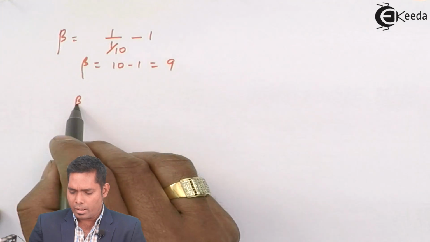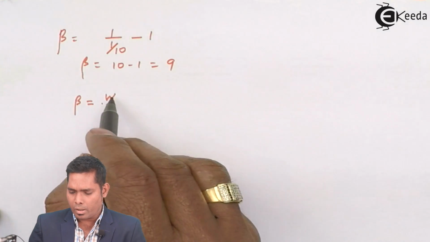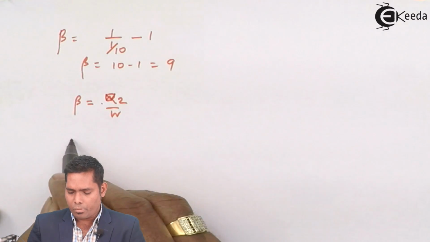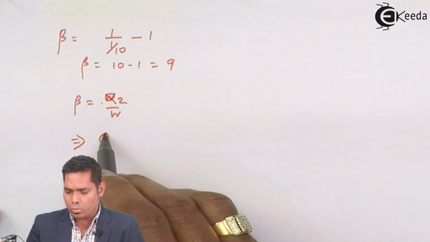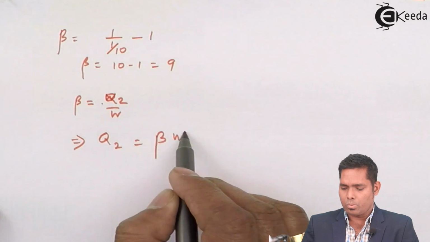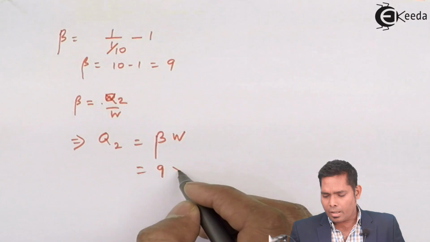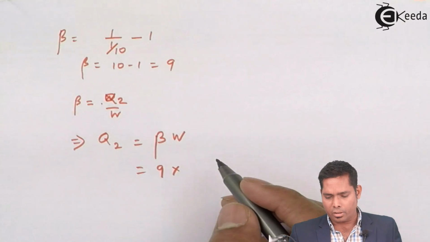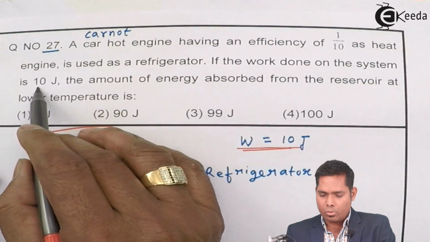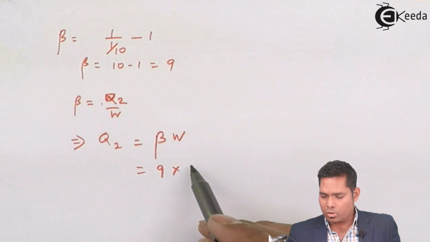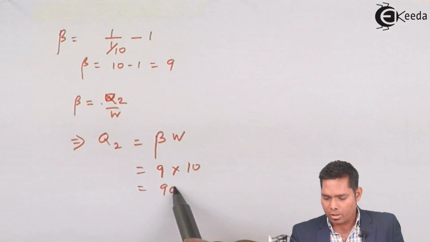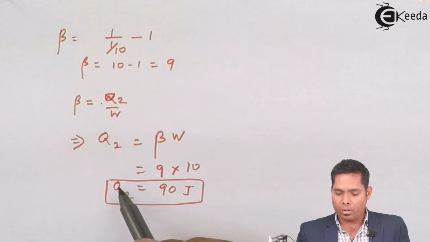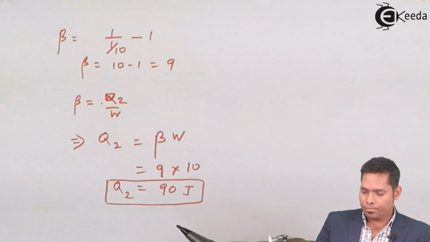And I just told you that beta is Q2 over W. So from here, Q2 can be obtained by beta into W. Beta is 9, and W, the input energy that you are supplying to run the refrigerator, is 10 joule of work done. So this is 10. So multiply, this is 90 joule of heat is to be withdrawn from the cabinet of the refrigerator.